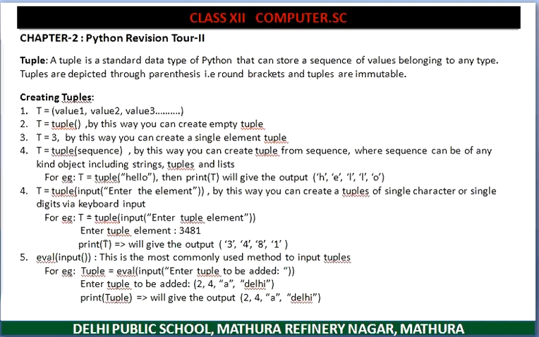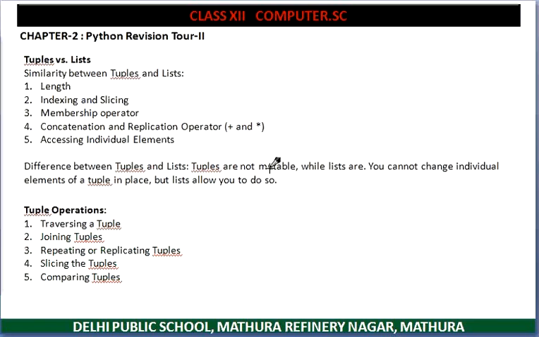Next, similarities and differences between tuple and list. First, similarities: length, indexing and slicing, membership operator, concatenation and replication operators, plus and star, accessing individual elements. So these are the similarities between tuple and list, and we have discussed these topics in the case of list, so we are not going to discuss them here. Then the difference between tuple and list: tuples are not mutable while lists are mutable.